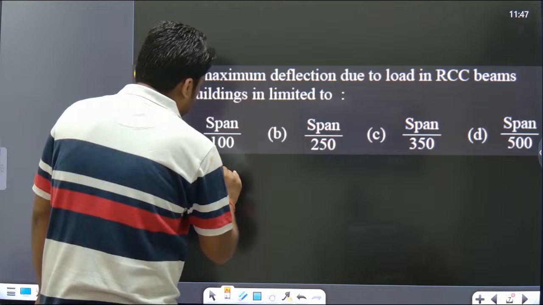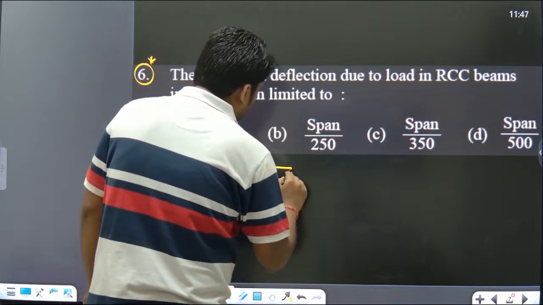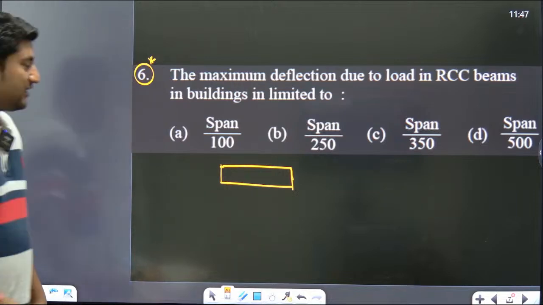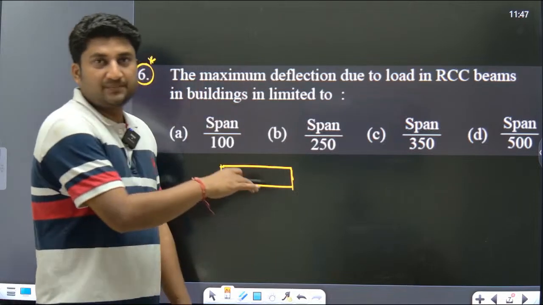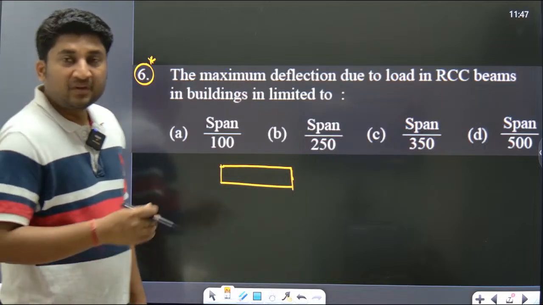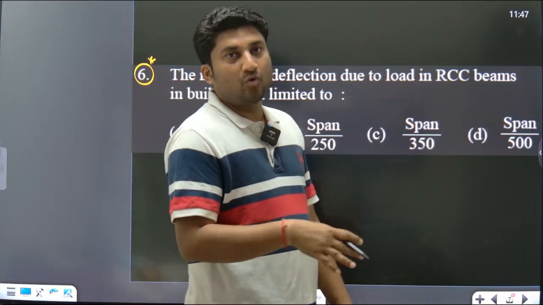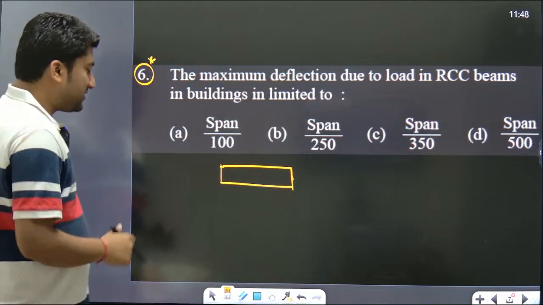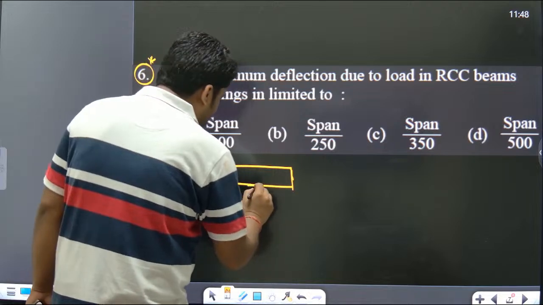Let us suppose this is a beam. So what is the maximum permissible deflection? Now you can see very carefully, if you consider all the loads, temperature, effect of creep, then the maximum permissible deflection from the cast level, this is the cast level.